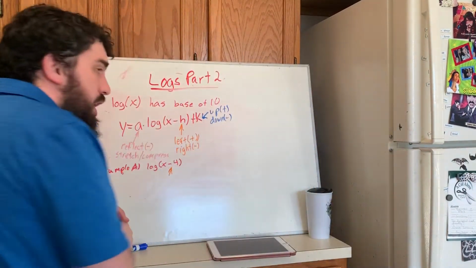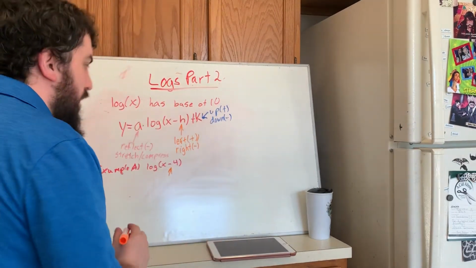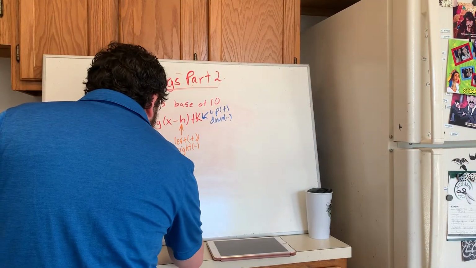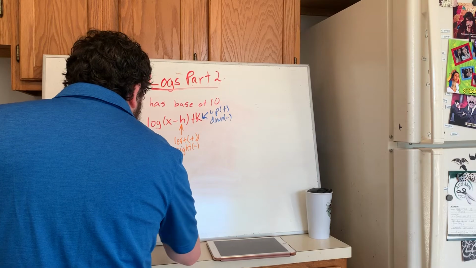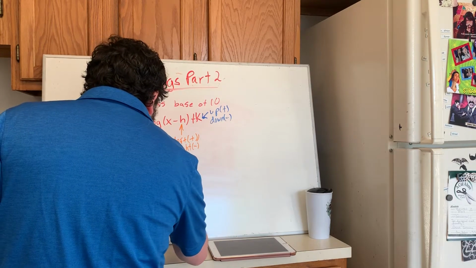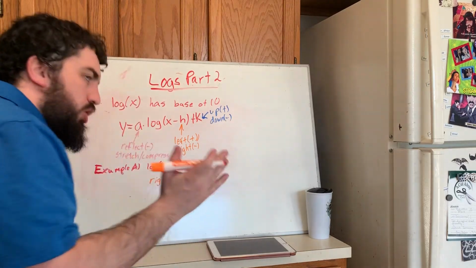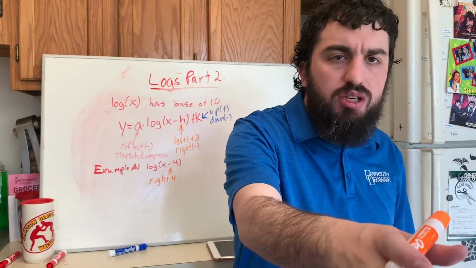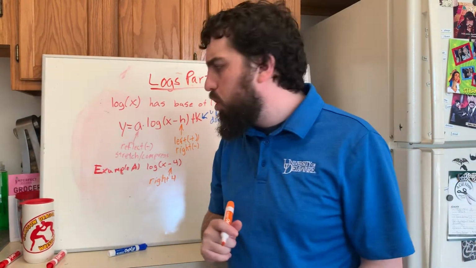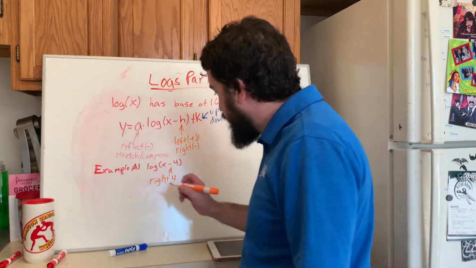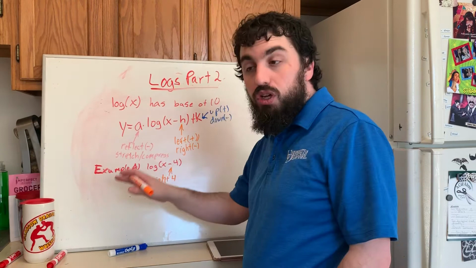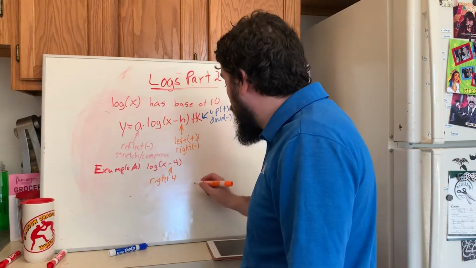When you are doing your problems, I would like you to also include, hey, this is the transformation: it goes right 4. This way, even if you have some inaccuracies with your graphing, I know what you're trying to do and can give you partial credit there. So, I just need to move right 4.